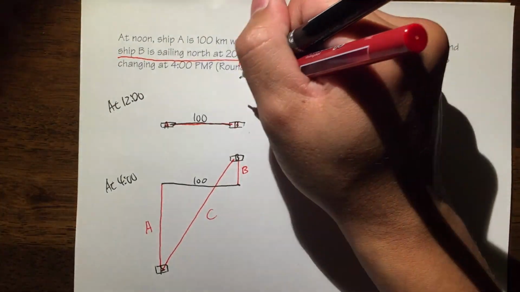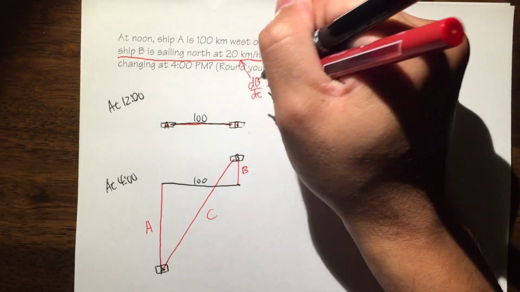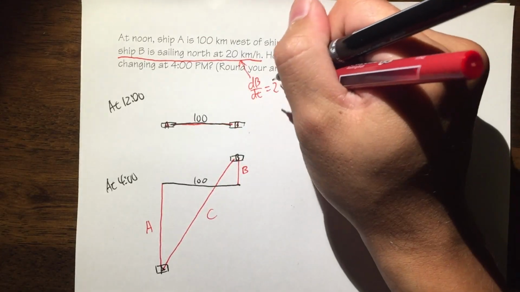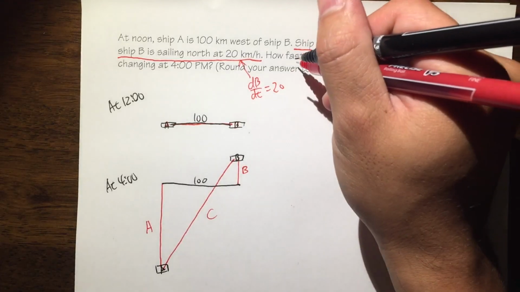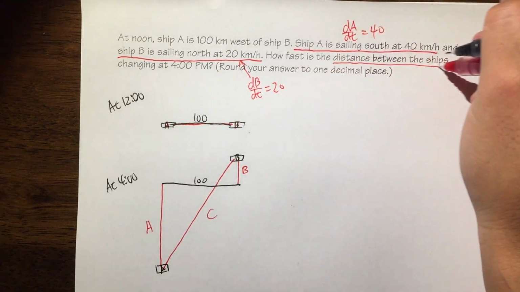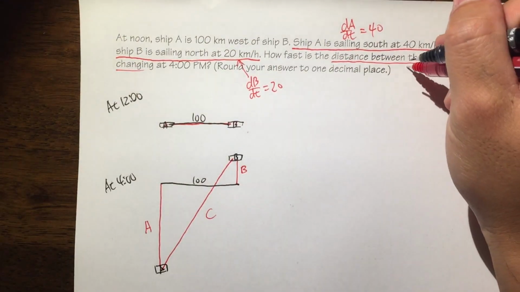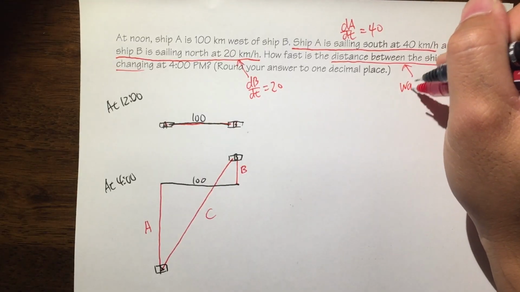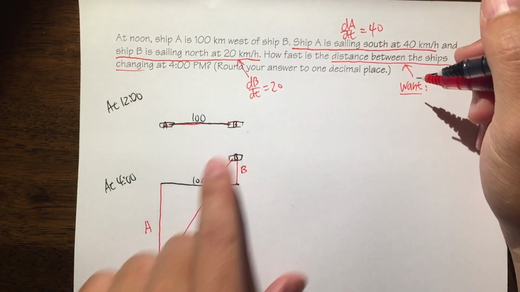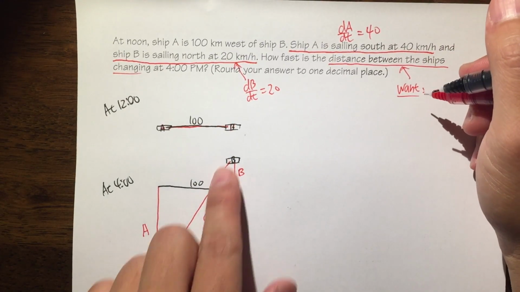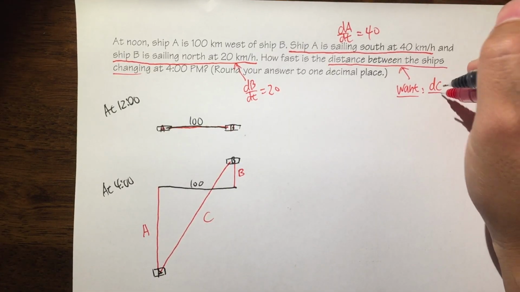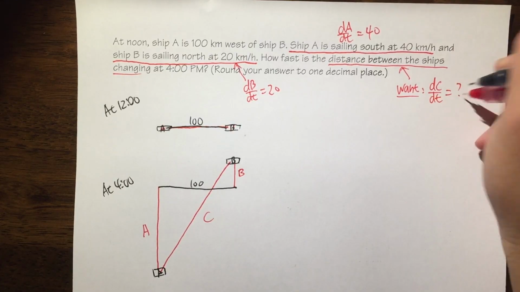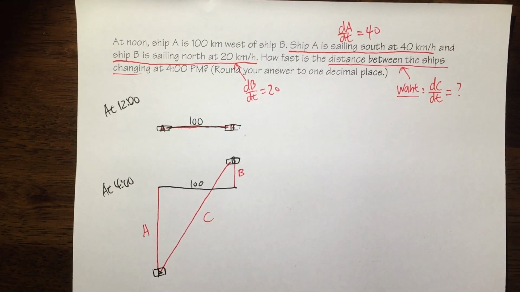This will tell me dB/dt is positive 20. And the question is asking, how fast is the distance between the ships changing? Based on our picture, I want to know how fast this is changing, which is dC/dt, right? So that's how we organize all the information.